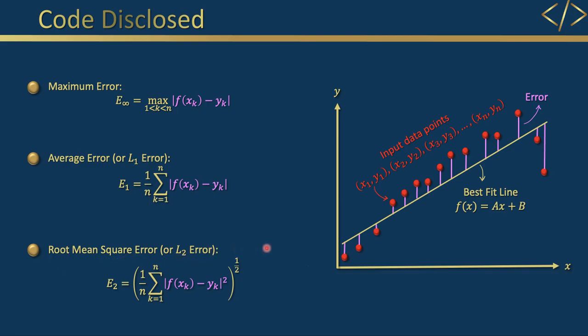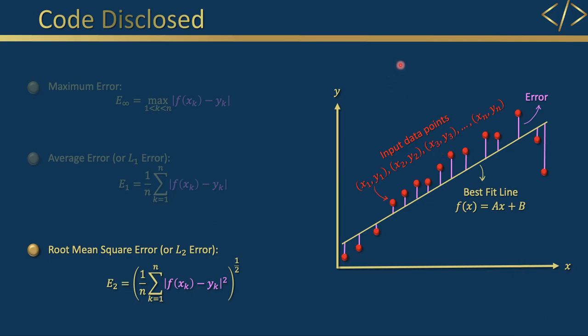Usually the third kind of error, the L2 error, is the standard type of error used in software. But there are other applications where L1 error is much more useful than L2 error. The maximum error is not used much because it's not very helpful when you have an outlier up here or down there.